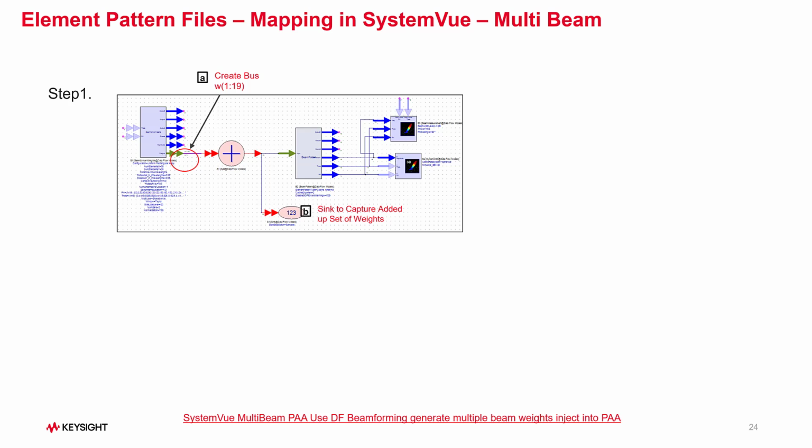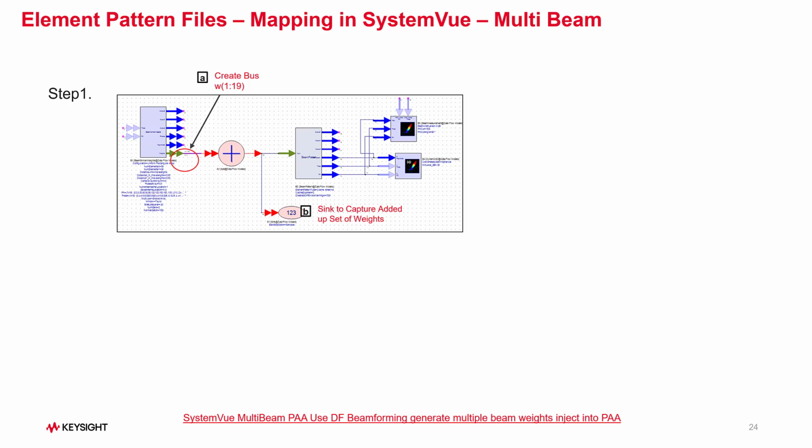In this particular case, we have taken the 19 beams as desired by the 3GPP NTN standard, and we input the angles for all the 19 beams. It is producing, at the double green arrow, the 19 sets of beam weights.